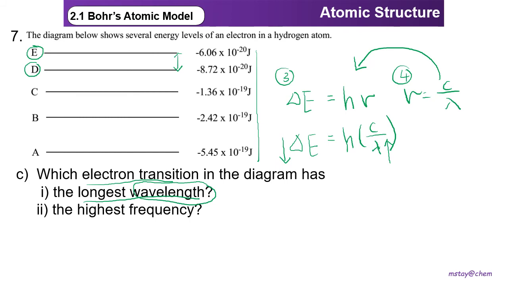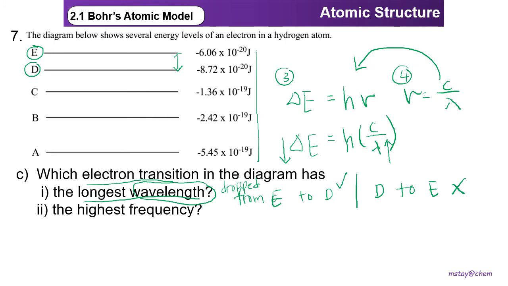So you have to mention the electron drops from E to D. Okay, we have to use the word drop. Then it's correct. Okay, then maybe some of you will ask, can I say a jump from D to E? Cannot.